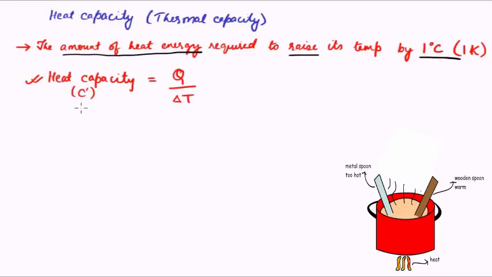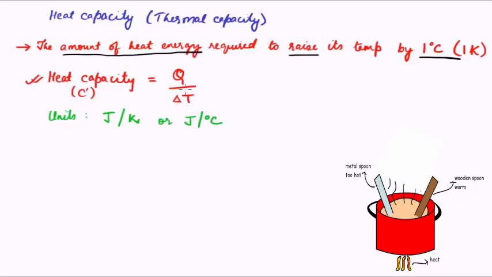Now let us see what are the units of heat capacity. The unit of heat energy is joule, and the unit of change of temperature is the same as the unit of temperature, which will be Kelvin. So the unit of heat capacity is joule per Kelvin or joule per degree Celsius.